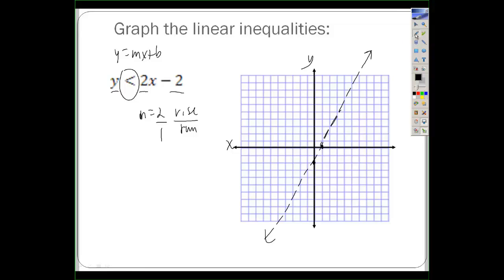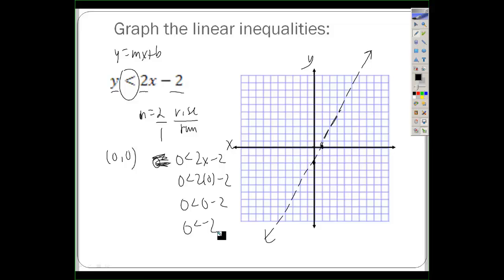Finally, I know that either one side of my graph is going to be a solution or the other side is going to be solutions. So once again, I notice the point 0, 0 is on the left-hand side of my graph. So I'm going to go ahead and plug in the point 0, 0 just to see if that's the side that works. Is 0 less than 2x minus 2, or 0 less than 2 times 0 minus 2?